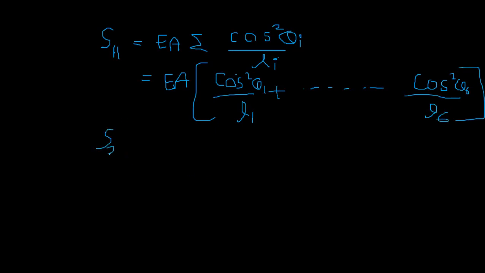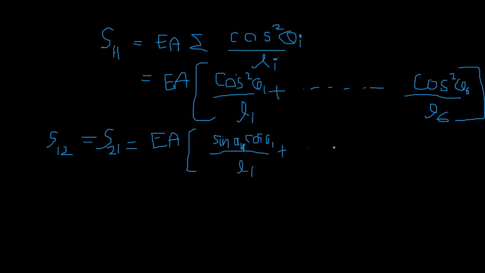For S21 and S12, this becomes sin theta 1 cos theta 1 over L1 plus dot, the last one, cos theta 6 sin theta 6 over L6.